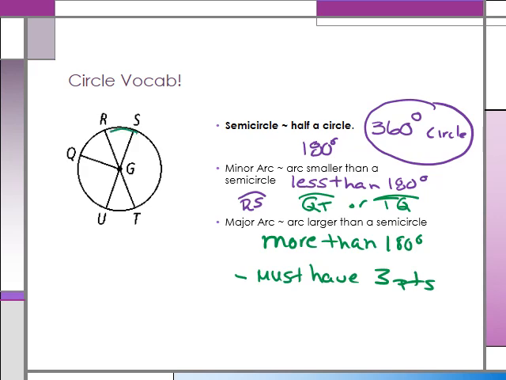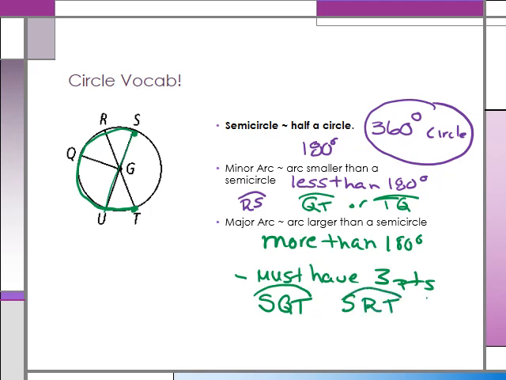So if I'm going to name this arc right here, and we know it's greater than a semicircle because its endpoints are on different sides of the semicircle, we could name it arc SQT, or we could actually name it SRT.